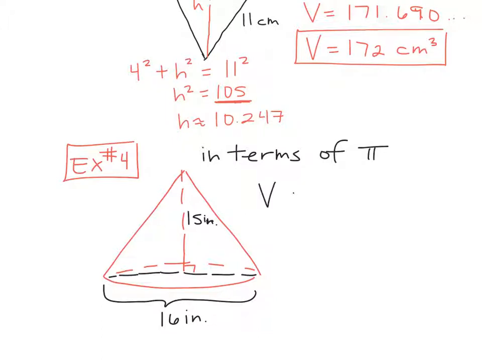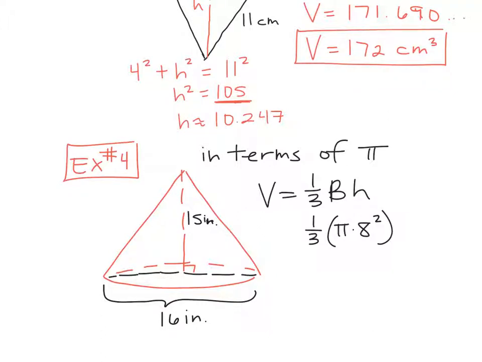So formula-wise, we're doing 1/3 BH. What is B right now? It's not 16. Not 8 times pi squared. There you go. Pi times 8 squared, right? So it's pi times the radius squared, or 64 pi would be your B. What's H?